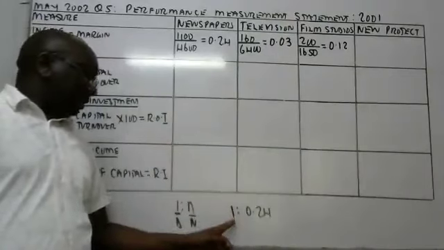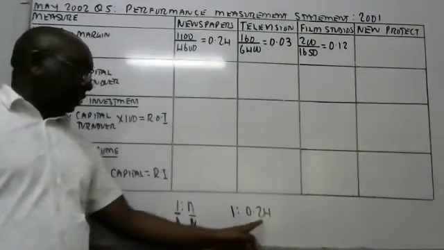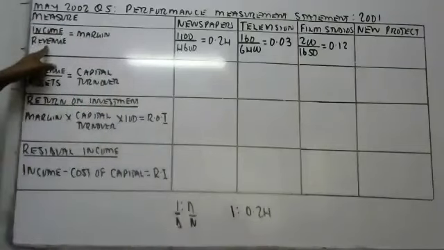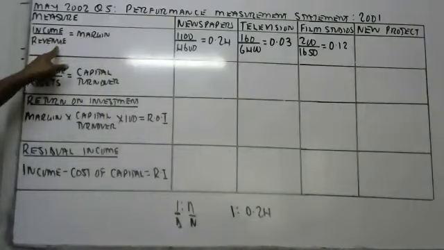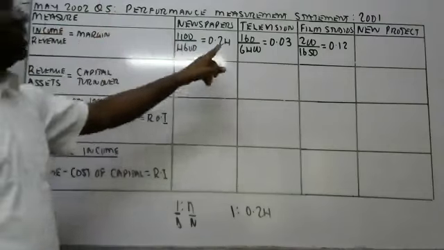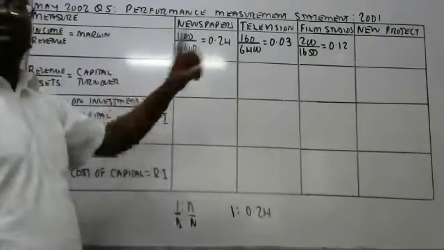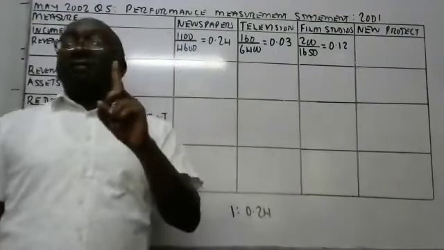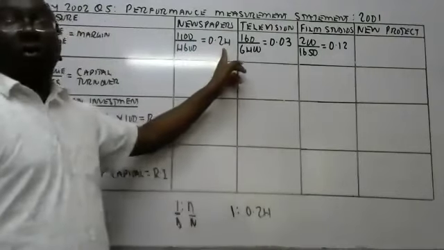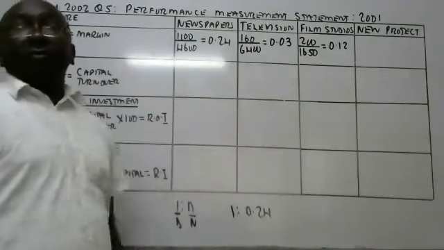I've already said this represents the denominator, and this represents the numerator. If you look at our formula here, our revenue is the denominator, and our numerator is the income. If you are told to explain what this means, it means for every 1 share of revenue, you have 0.24 income.